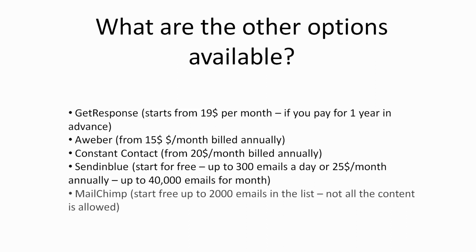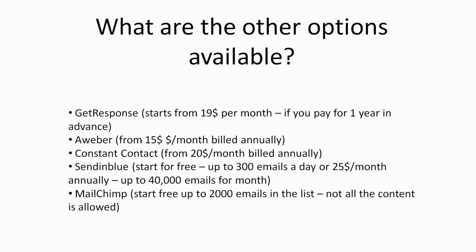Also, you can use Mailchimp, which starts for 2,000 emails in the list for free, but be aware that they prohibit certain types of content, so check it in advance.